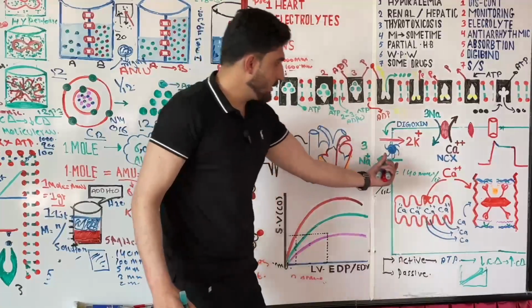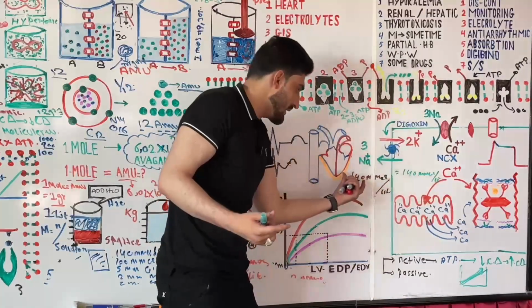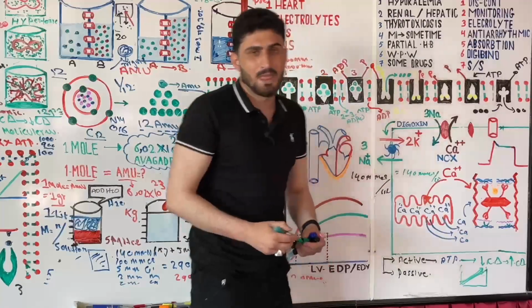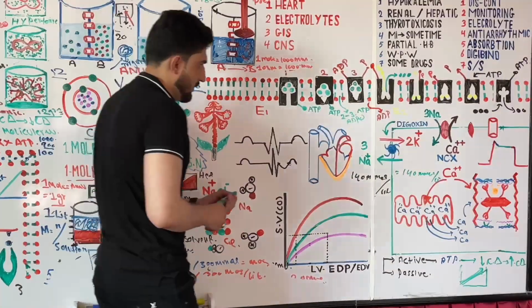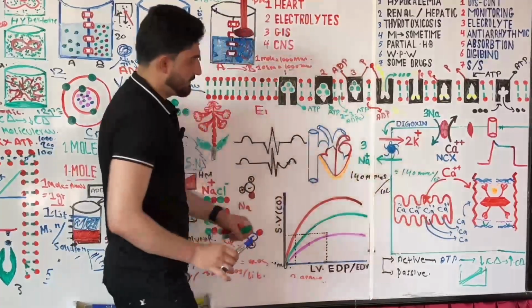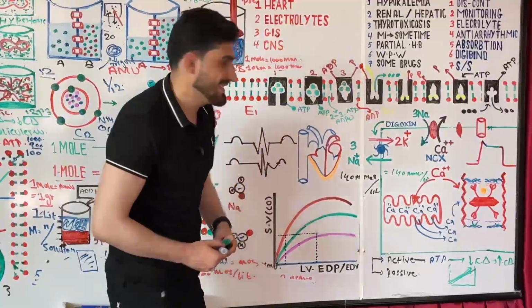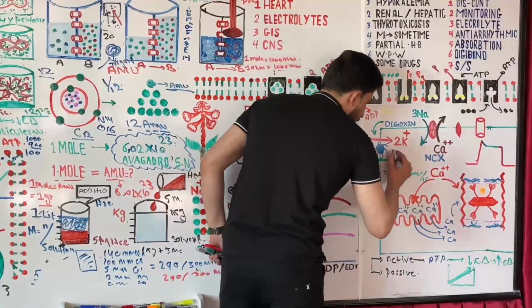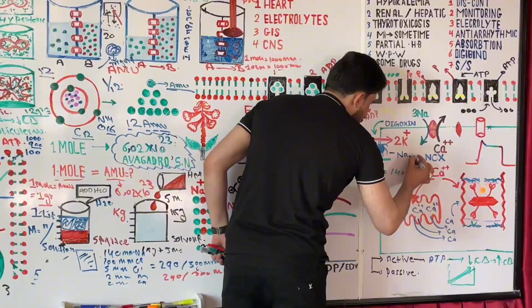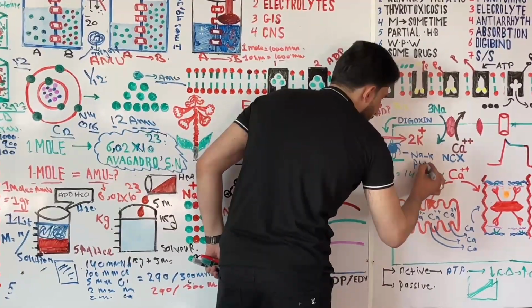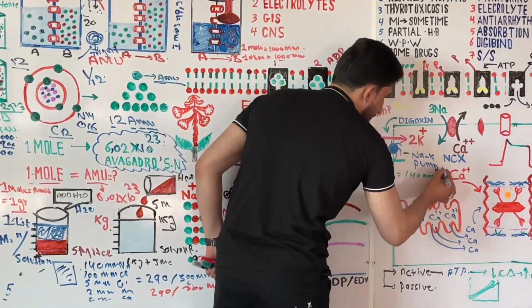So inside we have more potassium and outside we have more sodium. Now here is a pump. This pump is called the sodium potassium pump, or sodium potassium ATPase.